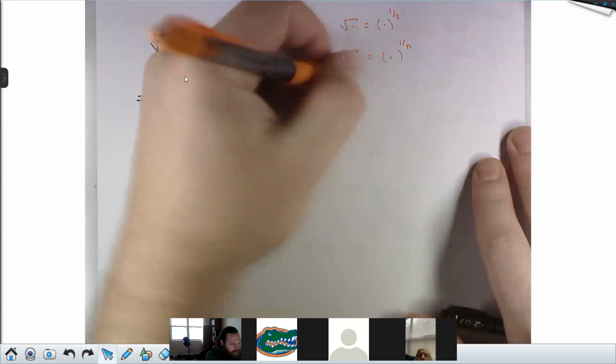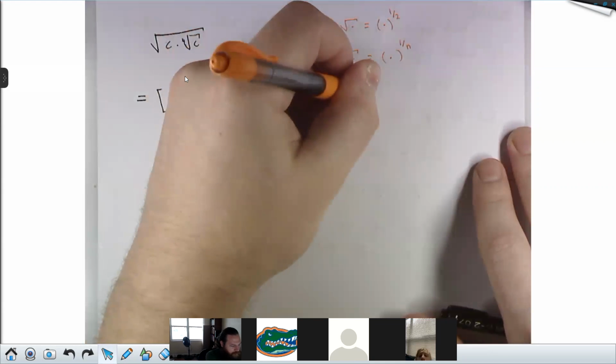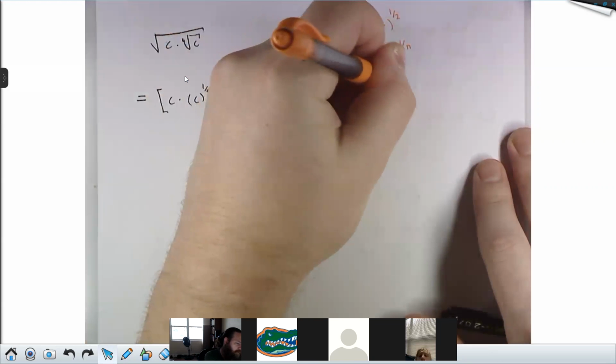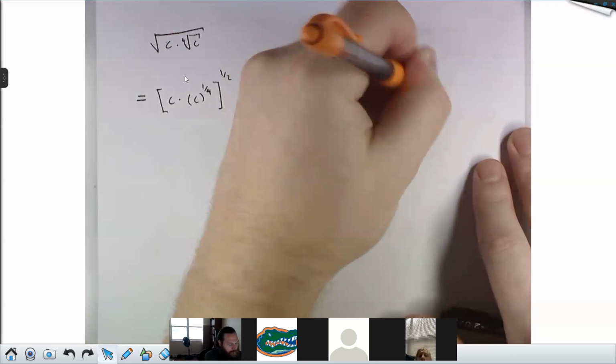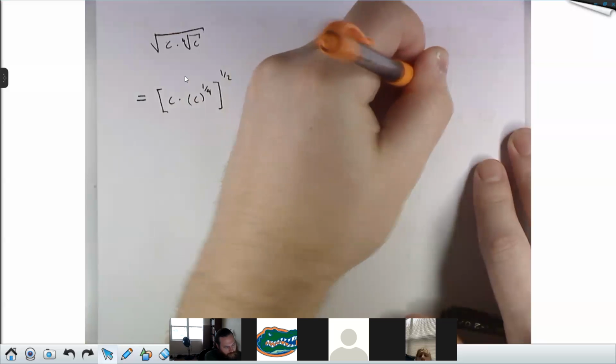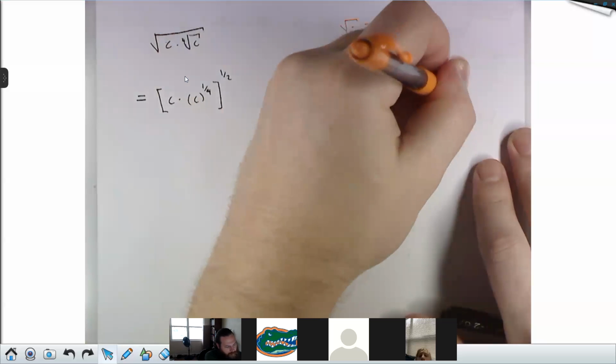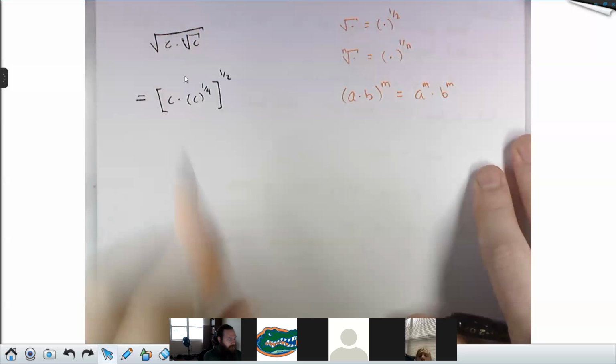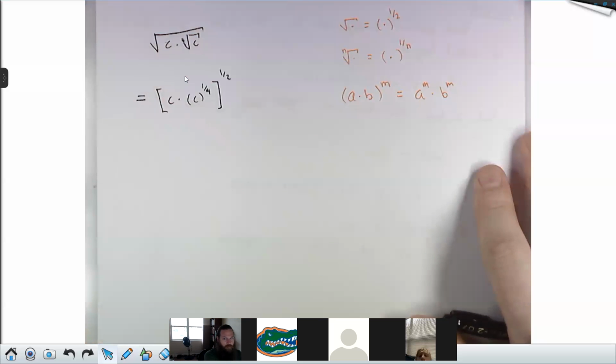The other properties I'm going to need here: if you have 2 things all being raised to some power, you can take each thing and raise it to that power as long as the two things are being multiplied. Here, thankfully, these are being multiplied, so I'll be able to use that rule.